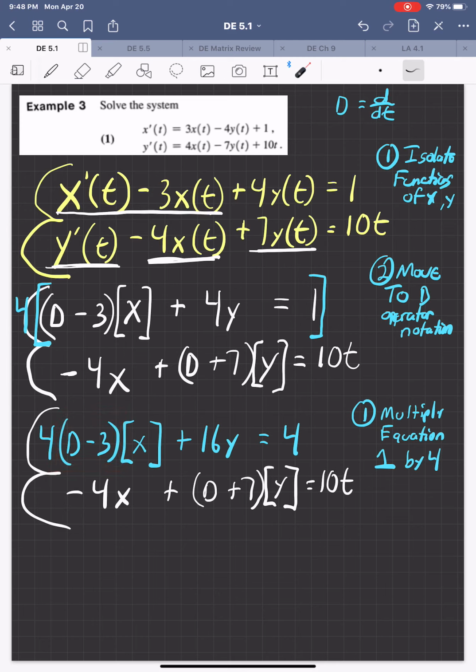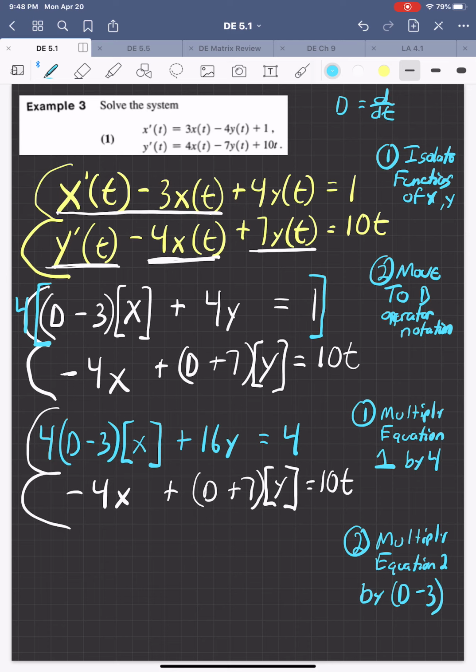So I'm going to do this on the next page, but I'm going to write what we're about to do right here. So we're going to multiply equation 2 by that D minus 3. Right? Again, this is where we are distributing, but we're distributing an operation.